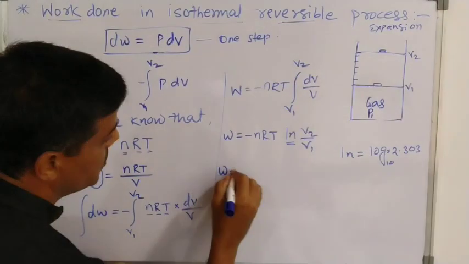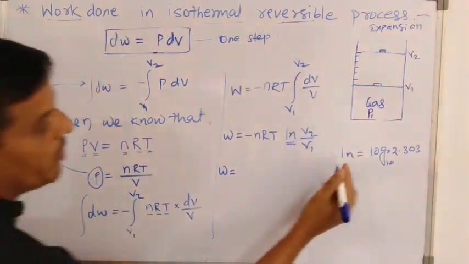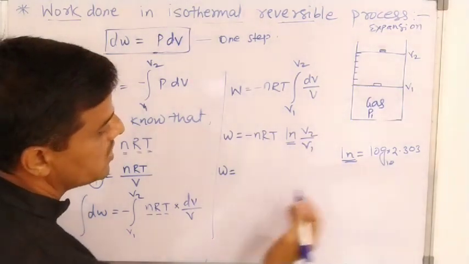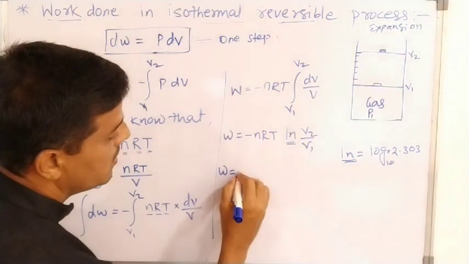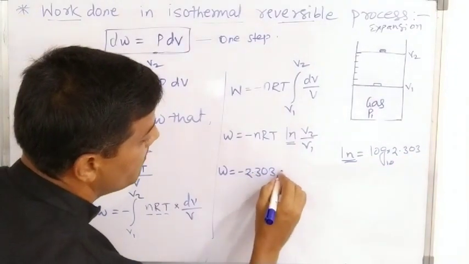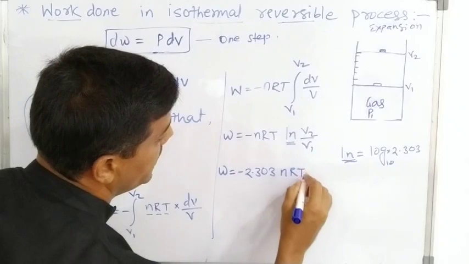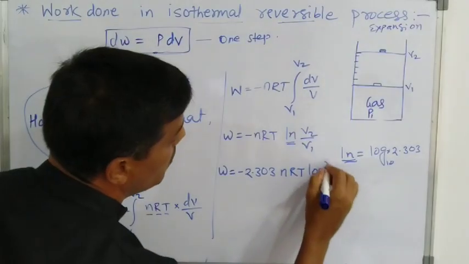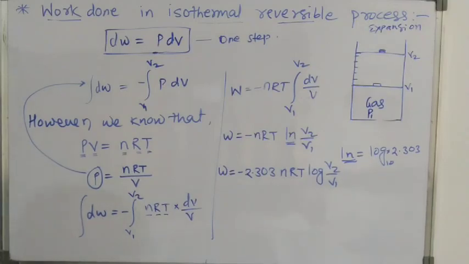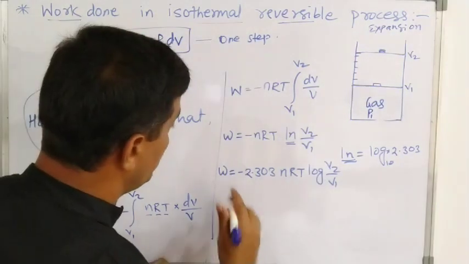Then we get the equation W is equal to minus 2.303 nRT log of V2 upon V1.